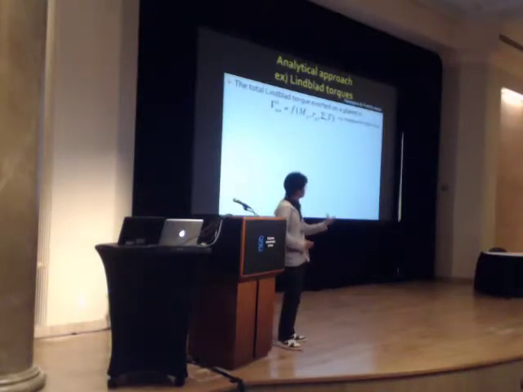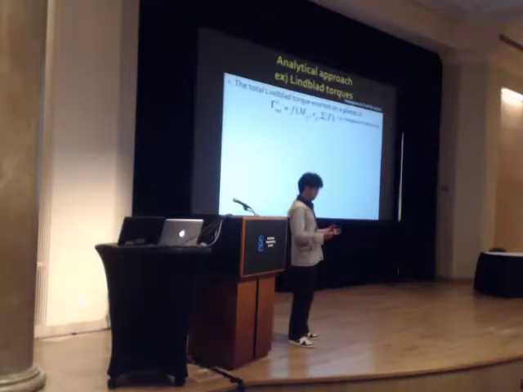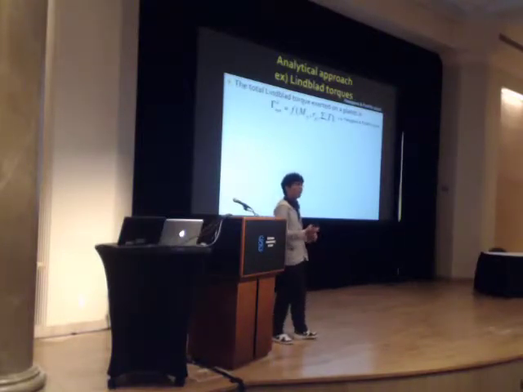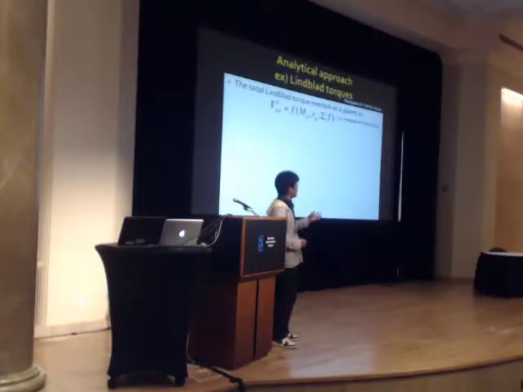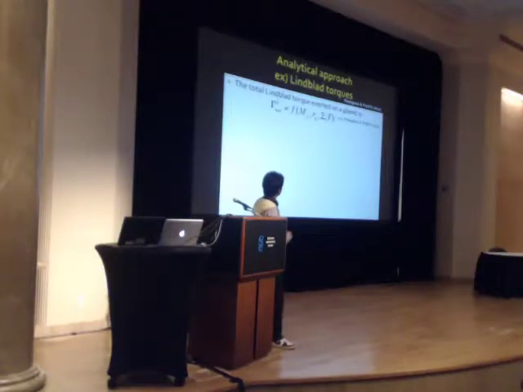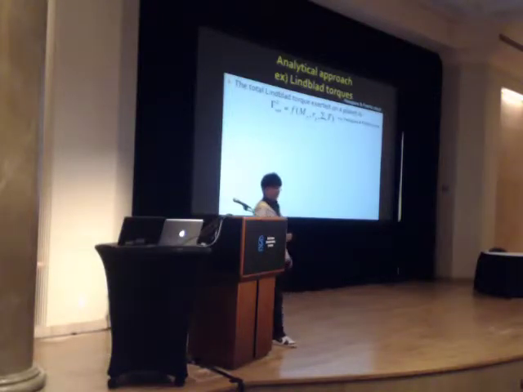To give you some idea of how we confirm whether disk inhomogeneity becomes a planet trap, let's just focus on the Lindblad torque, which generates planetary migration. The total Lindblad torque is characterized by these four functions: one is the mass of the planet, one is the position of the planet, this is the surface density of the gas, and the last one is the temperature.